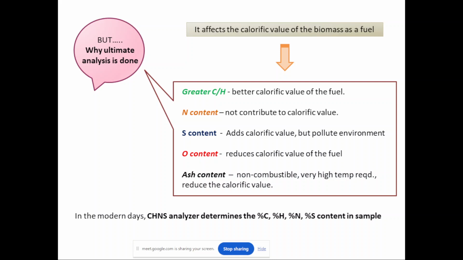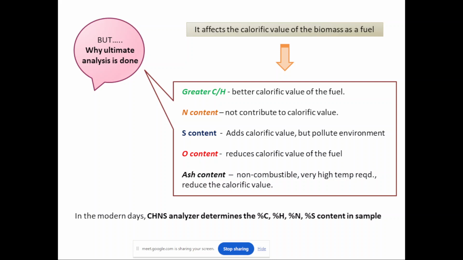So your N2, nitrogen will not add to the calorific value because it is non-combustible. It cannot actually burn and release heat, unlike carbon, which will burn and get converted to CO or CO2 and then release the heat. In case of nitrogen, it is not possible because of the tight bonding that exists in its molecules. So due to this, its contribution to calorific value will be low.